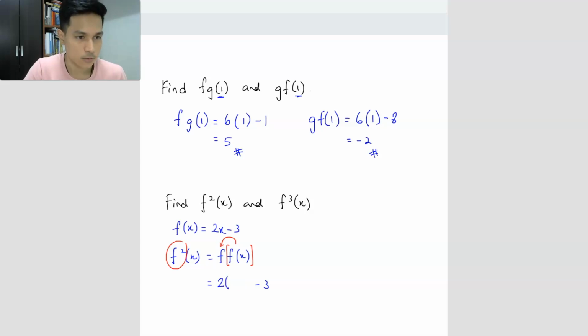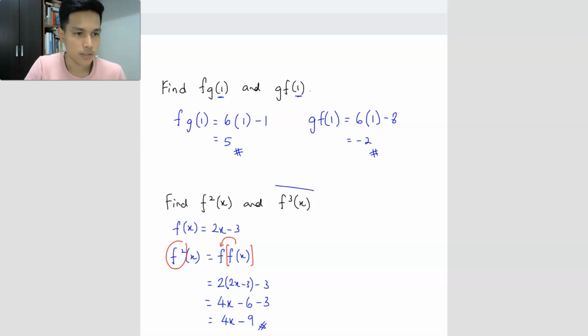So it's going to be 2 times (2x minus 3) minus 3. You're substituting the fx into the fx again. Clear? So what is your answer? You will get 4x minus 6 minus 3. So your final answer is 4x minus 9.